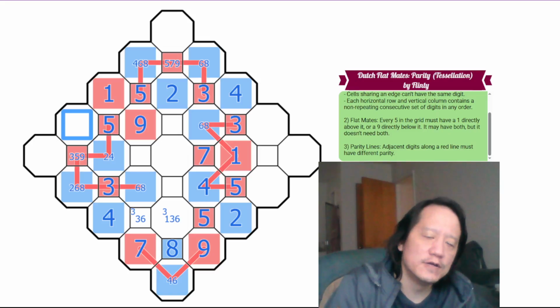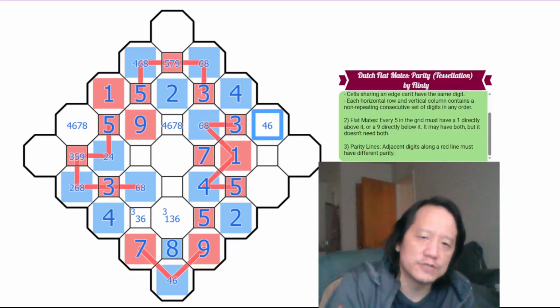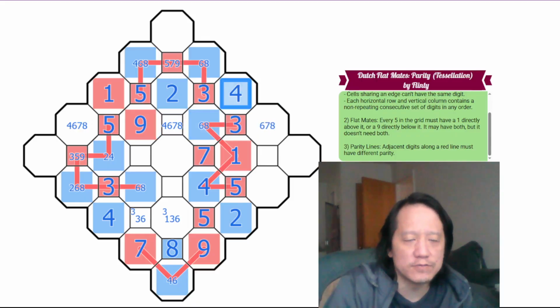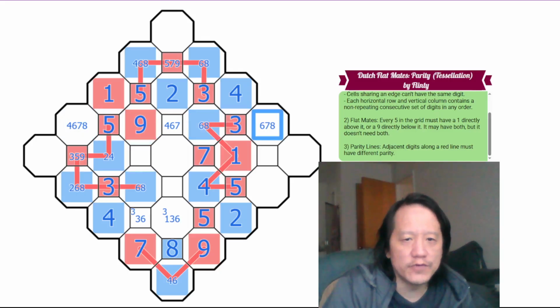So we have 4, 6, 7, 8, and 4, 6, 7, 8. This can't be 4 because it's neighboring a 4. This can't be 8 because it has an 8 there. 6, 7, 8 either must be 4, 5, 6.